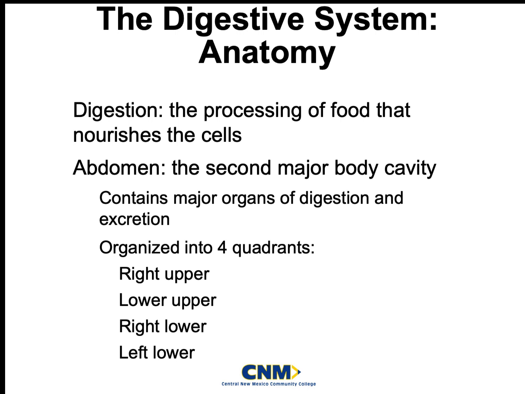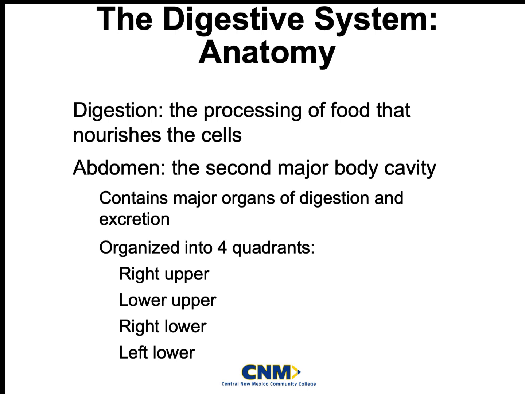We separate into the four quadrants at the basic level so that you can figure out, if we do have an injury to the abdomen, what organs might be lying underneath that injury. When you move up in level of licensure, specifically when you get to paramedic, we will turn these four quadrants into nine separate quadrants.